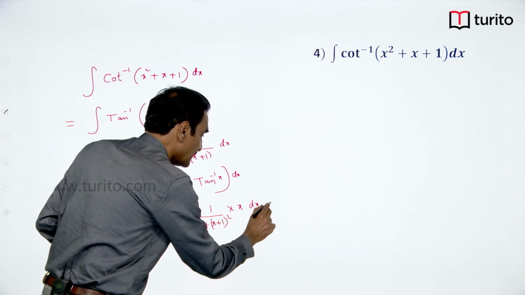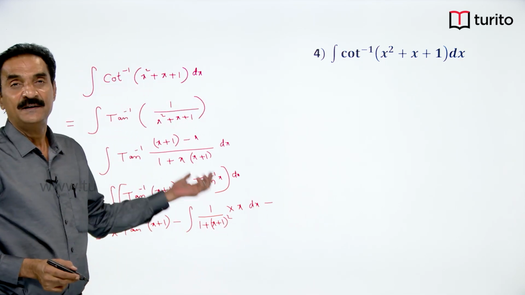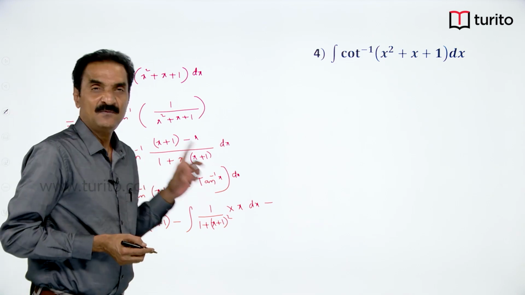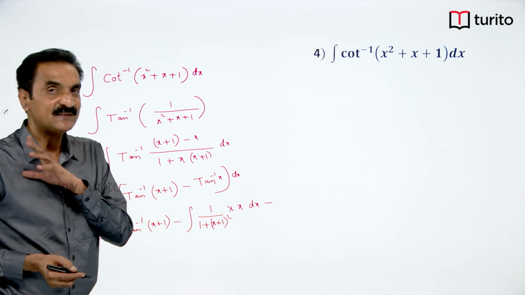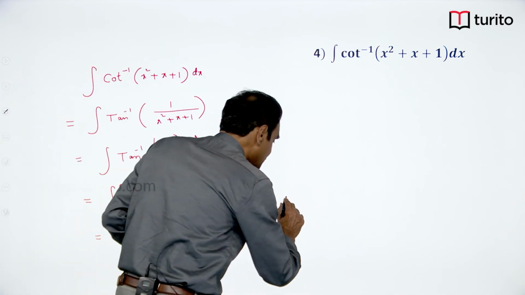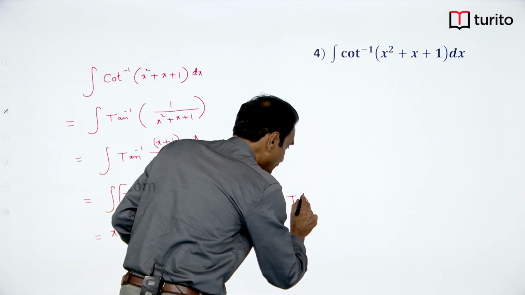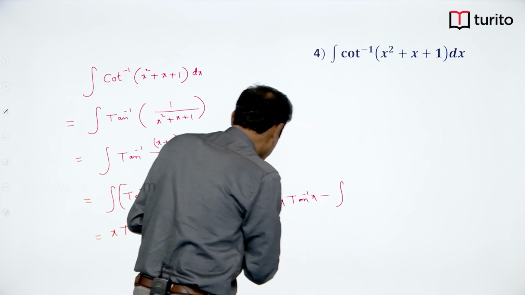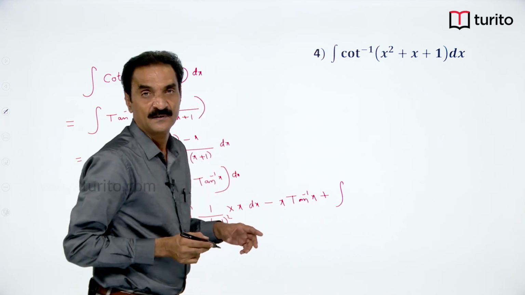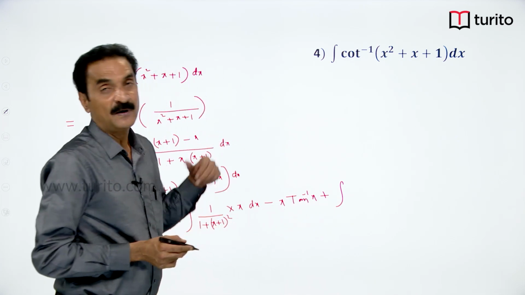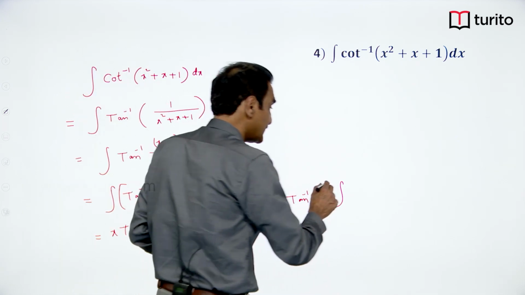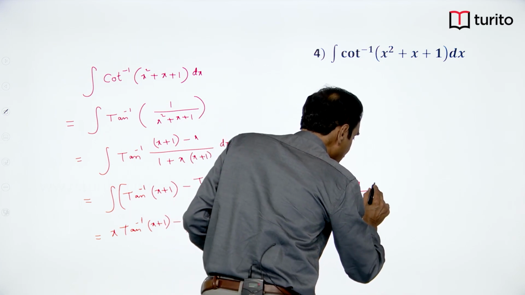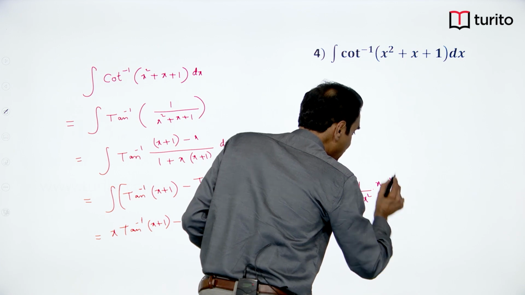Minus integral of tan inverse x, same method, integration by parts. Tan inverse x is first function, 1 is second function. So, first function into integral of the second is x minus integral, minus of minus becomes plus. Derivative of first function, derivative of tan inverse x is 1 by 1 plus x square into integral of the second function is x.